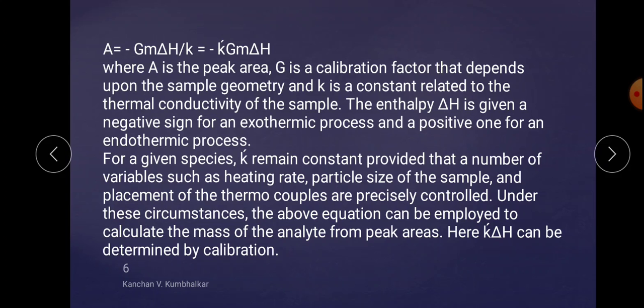If TS and TR differ, then their difference, that is delta T, is plotted on the y-axis, and that depends on what kind of reaction it is. If it is exothermic, the peak is positive. If it is endothermic, then the peak is negative.